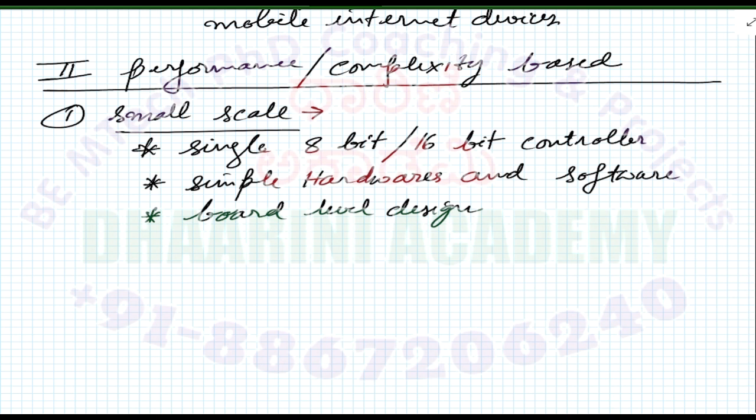Now you will write the code normally in assembly. Whenever you use assembly, you have an editor to write the code. There will be an assembler which converts your code into the binary format or the machine readable format, and an execution part which executes your embedded system. Since this is small scale, you should be able to operate this using simple batteries.